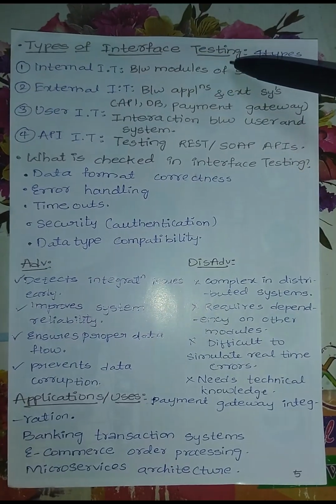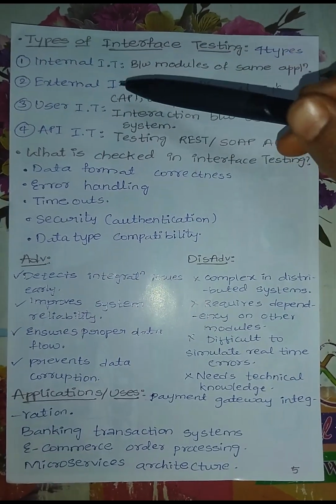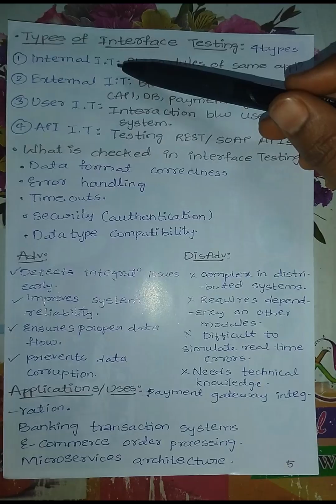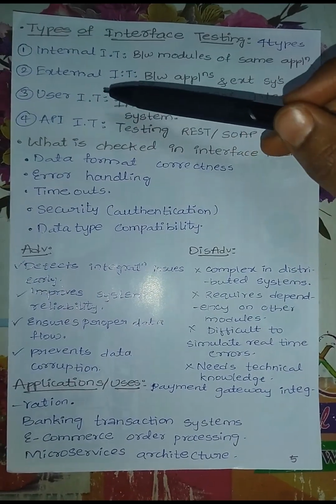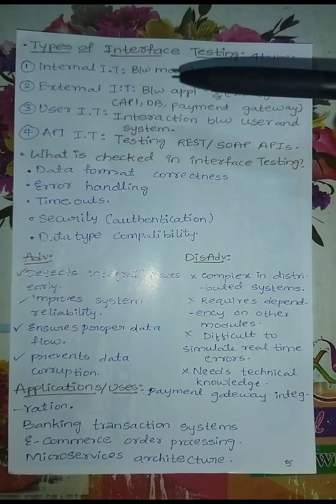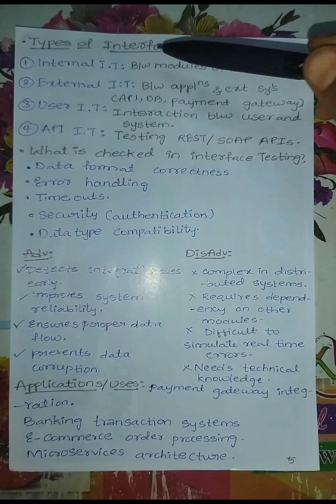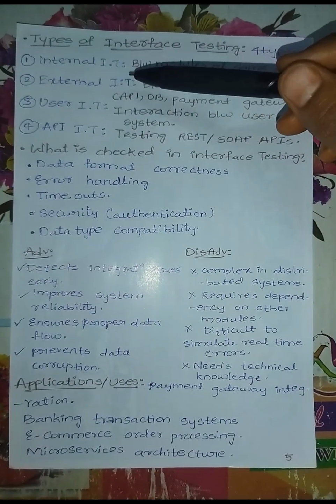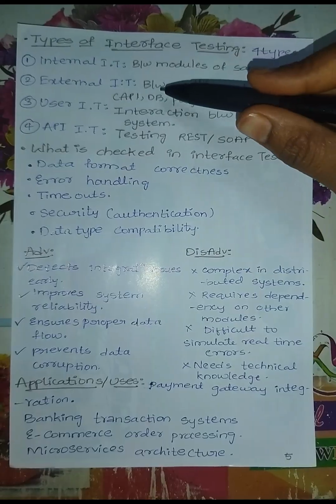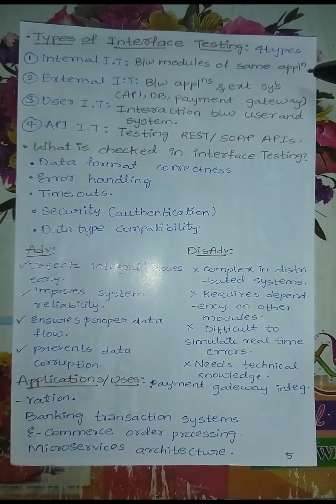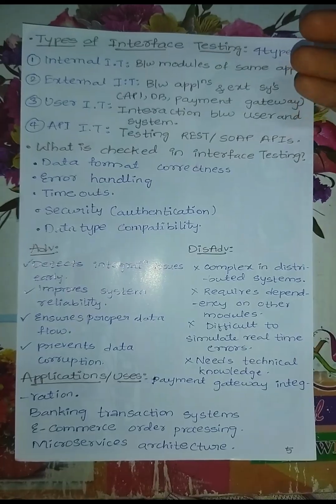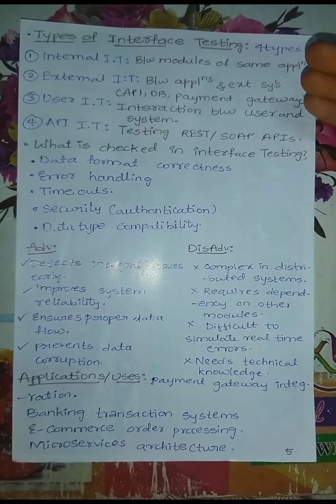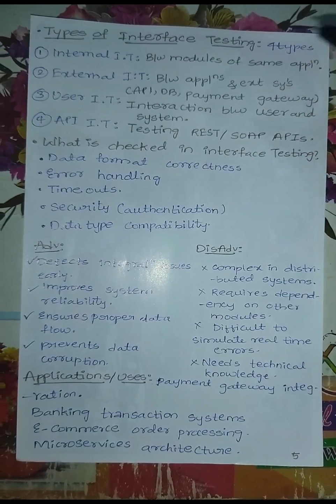Types of interface testing: we have 4 types: internal interface testing, external interface testing, user interface testing, and API interface testing. First, internal interface testing is used between modules of the same application. It acts like a mediator between two modules of the same application.